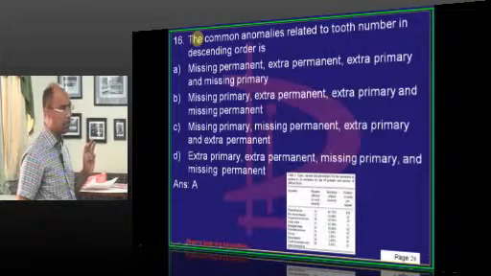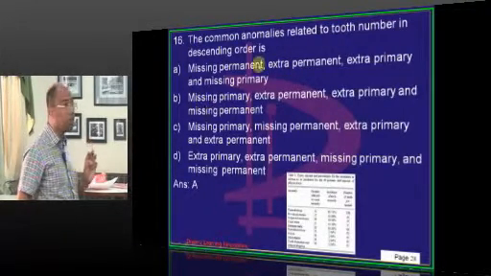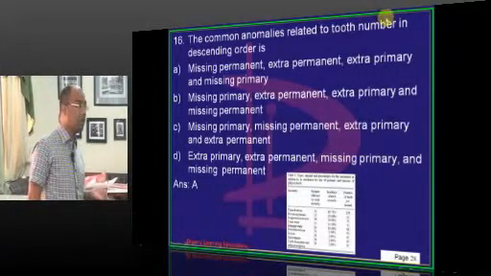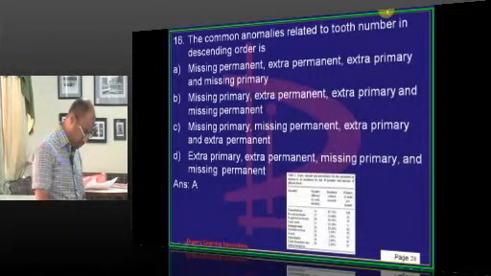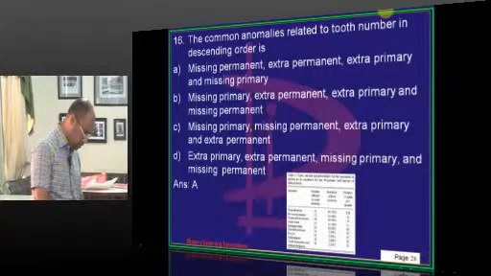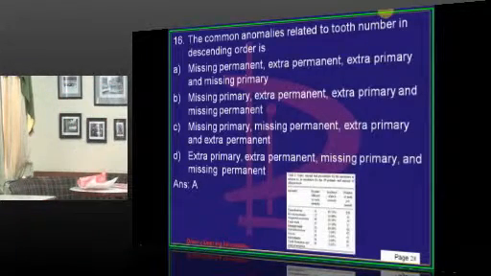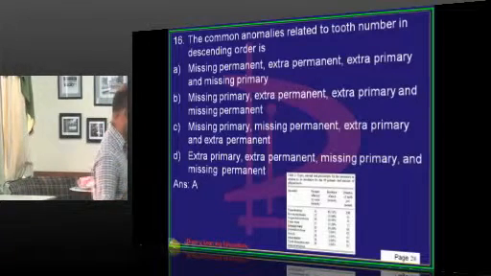Missing permanent teeth is the most common, followed by extra permanent teeth. Extra permanent teeth could be either your supernumerary teeth or supplemental teeth. In that you have mesiodens, which is most common, followed by supplemental teeth, which are lateral incisors, and then extra primary and missing primary.